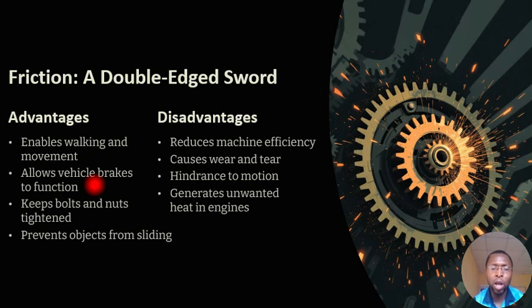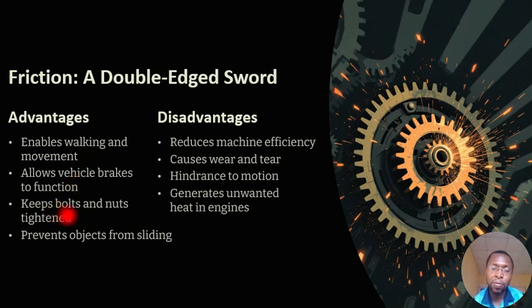Now, this vehicle would not have stopped if there was no friction between the tires and the floor. Okay, there wouldn't have been any stop. So friction allows vehicle brakes to function well. It is because of the friction that exists when the brake is applied that the vehicle can stop. So it's an advantage for us. If not, accidents would have occurred.